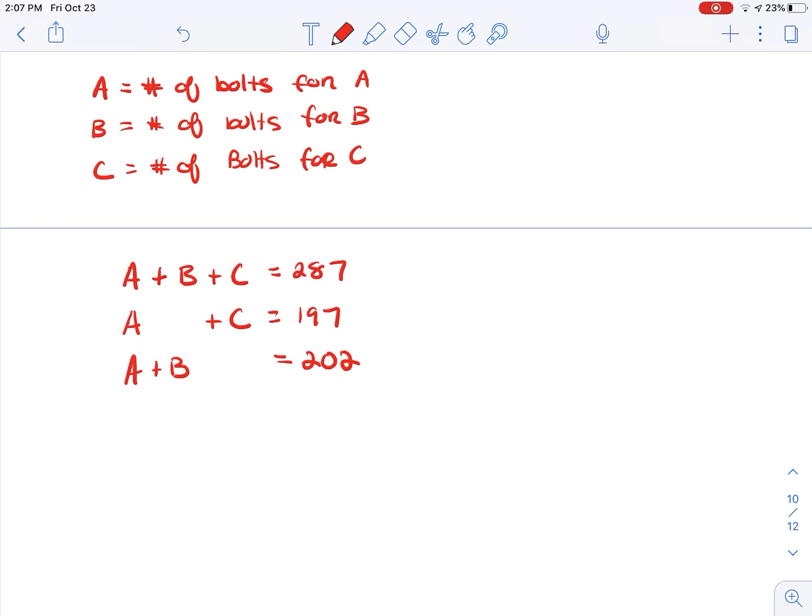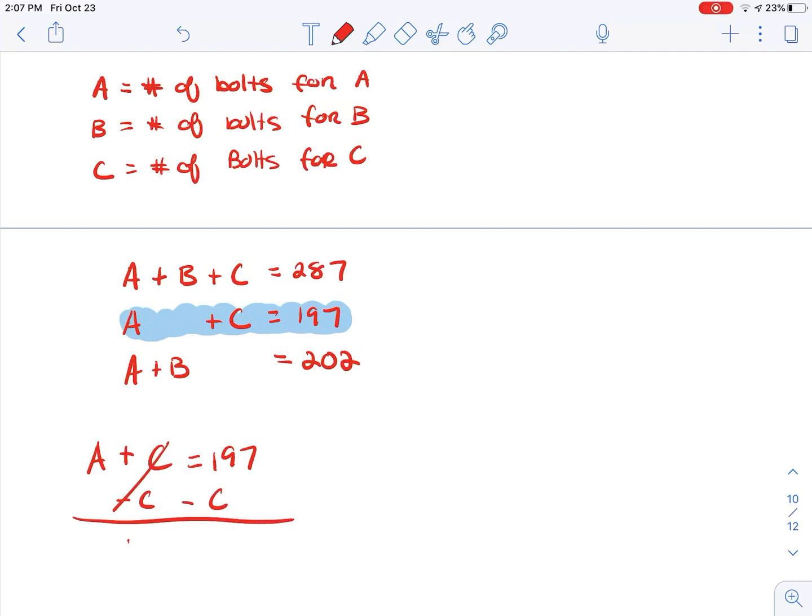So if I do substitution here, I'm going to probably choose either one. Let's choose this equation and solve for A. Okay, A plus C is equal to 197. So if I move a C over, I get minus C plus 197 is equal to A. I can now take that value and plug it into both equations to create a new system to solve.